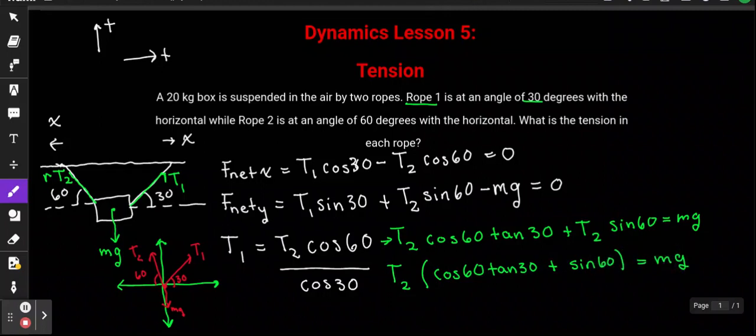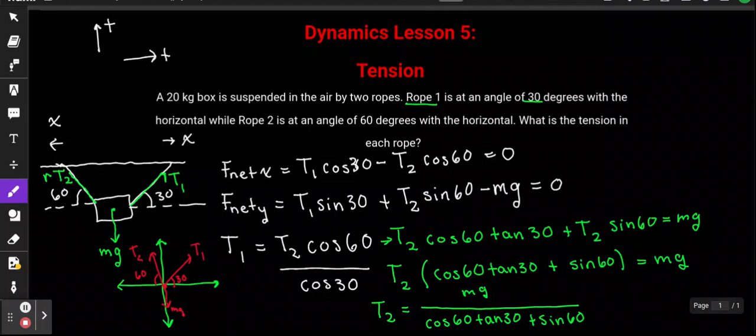And now in order to isolate this, we have to do T2 equals mg divided by that big trig thing, which is cosine 60 tangent 30 plus sine 60. So let's plug this into our calculator.